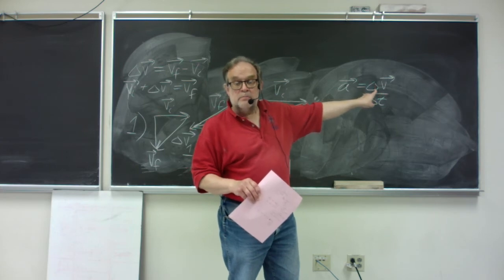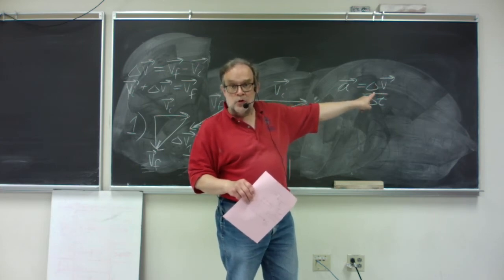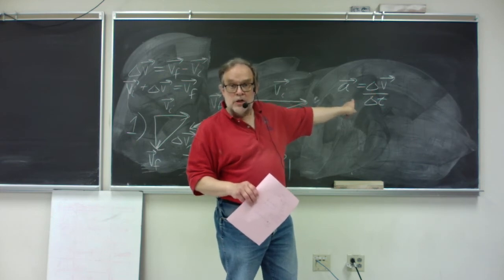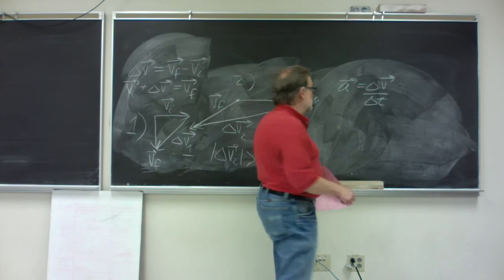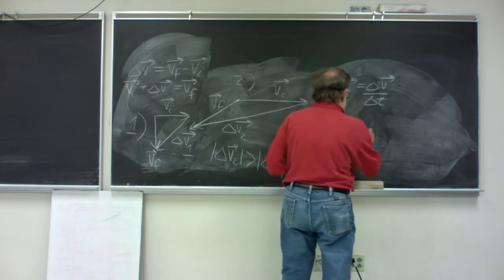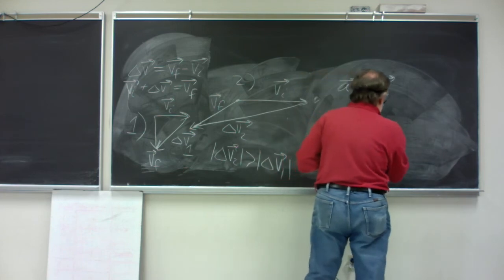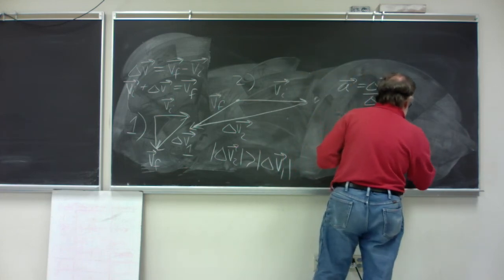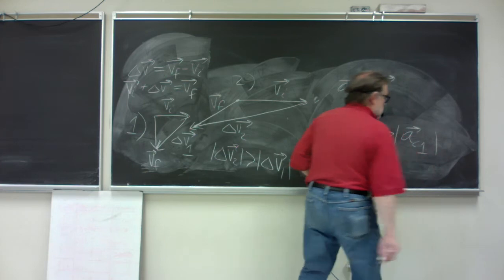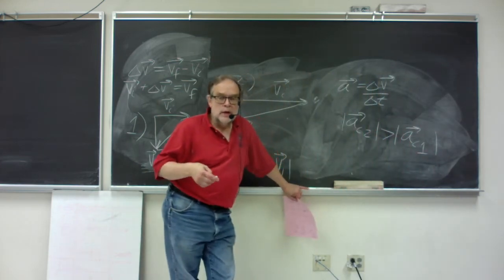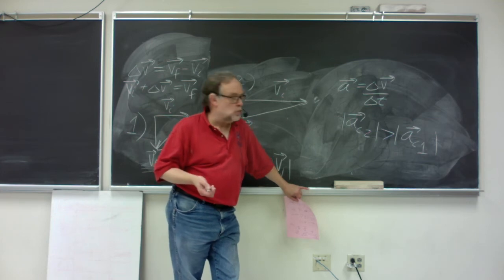Since delta V has a bigger magnitude for situation 2, then acceleration 2 has a bigger magnitude. Centripetal acceleration in situation 2 has a bigger magnitude than centripetal acceleration in situation 1.